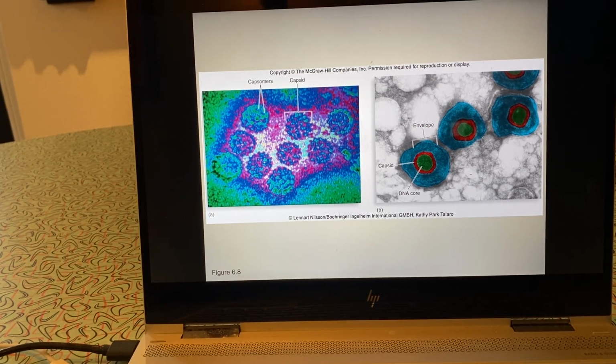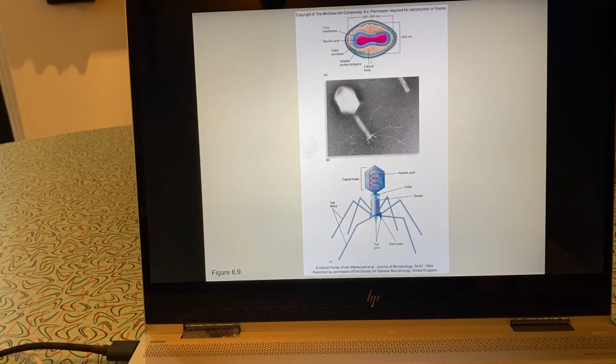It hijacks all of the cellular machinery, meaning all of the nucleotides, the polymerases, the ribosomes, the transfer RNAs, your amino acids, to make more copies of itself. And then eventually the cell just kind of blows up and it releases all of those viruses where they can then float over and infect adjacent cells. So that's how it goes through its cycle.